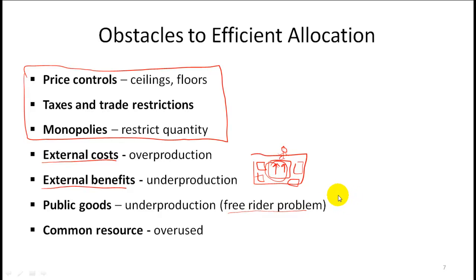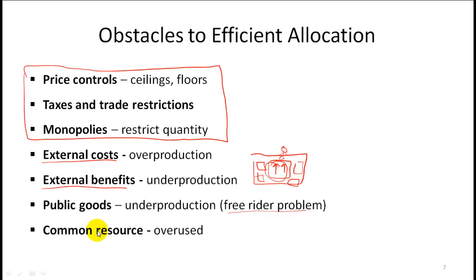That explains why the free market system is not going to produce the efficient or optimum amount of roads and highways, and hence governments rely on taxation to ensure that there is an efficient amount of public goods available in society.